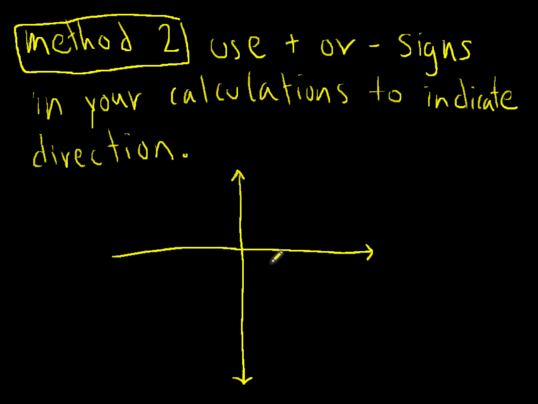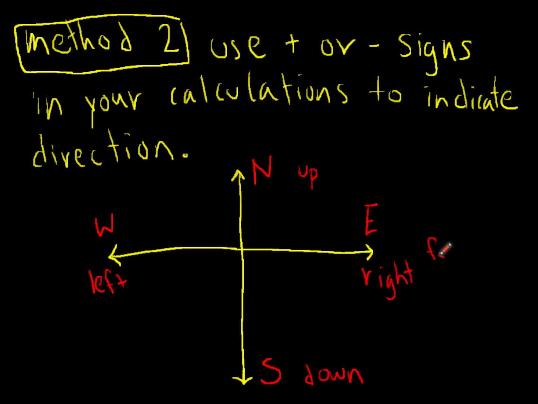This is something you should be familiar with from math. Now, north is the direction that's up and south is down, east to the right and west to the left. We can also say east is a forward direction and west is a backward direction, for now.